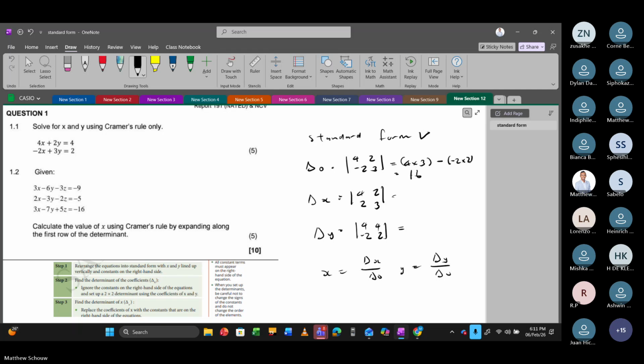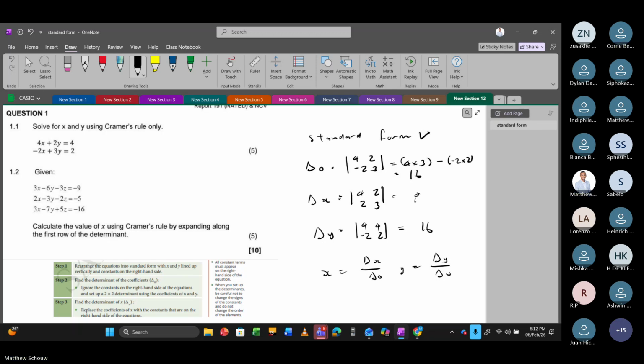Next, delta X. Delta Y. I'm getting 16, positive 16, delta Y. The X is 8, 4 times 2. And this one is correct. 4 times 3 is 12, 12 minus 4 is 8. Is that correct? Yes, sir.